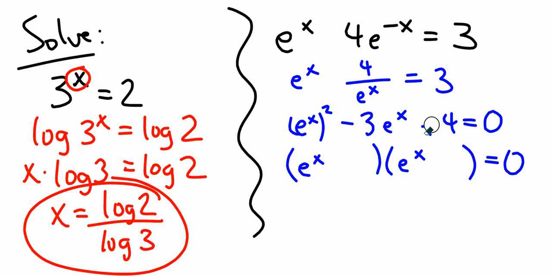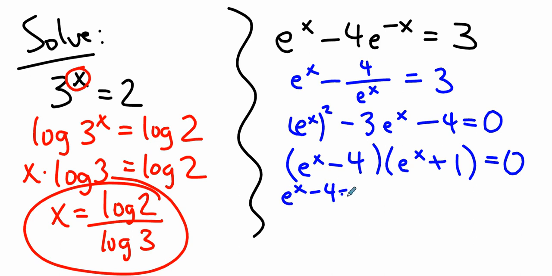I'm so sorry, people at home. I'm so sorry, world of YouTube. Looking for numbers that multiply to -4 and add to -3. So that's those. Those multiply to -4 and add to -3.